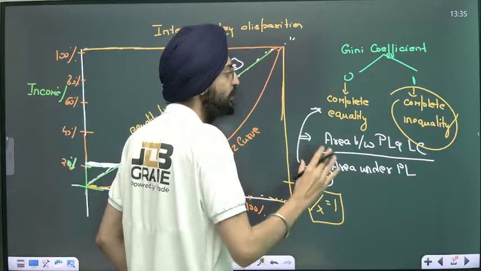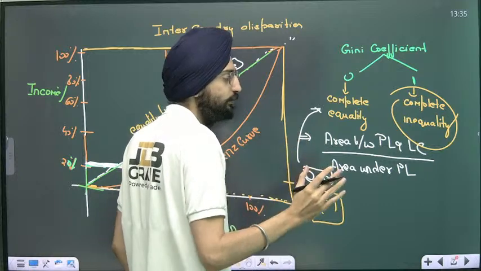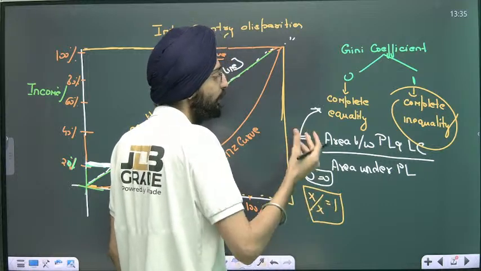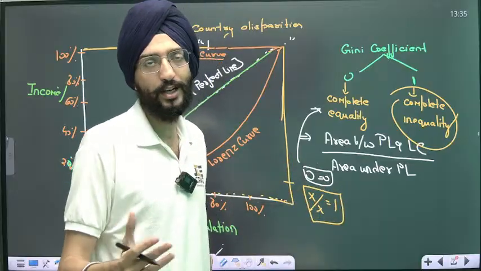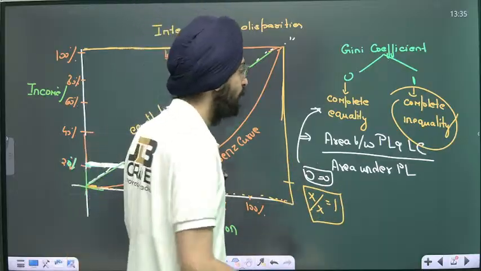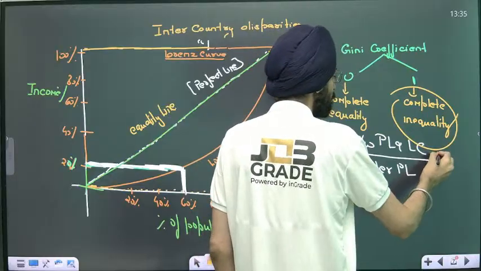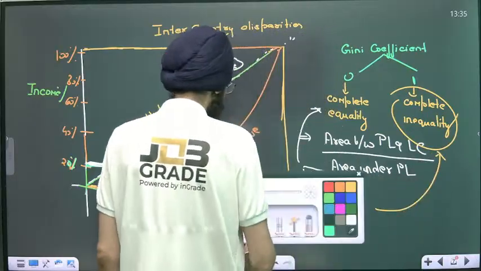India as a nation is unequal, obviously it's unequal. There has been inequality. The top 1% hold the maximum resources as compared to the bottom 99%. So India is closer to this.